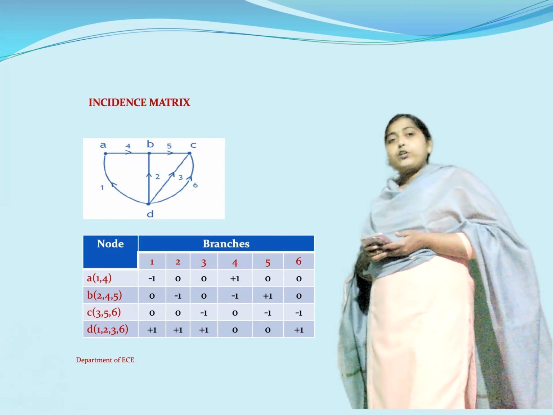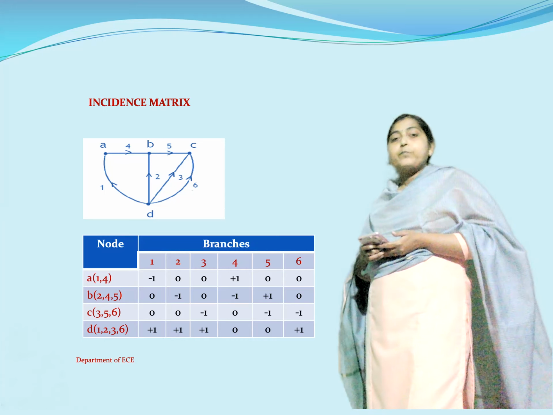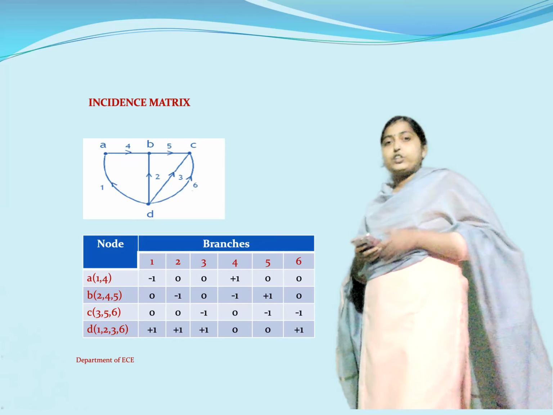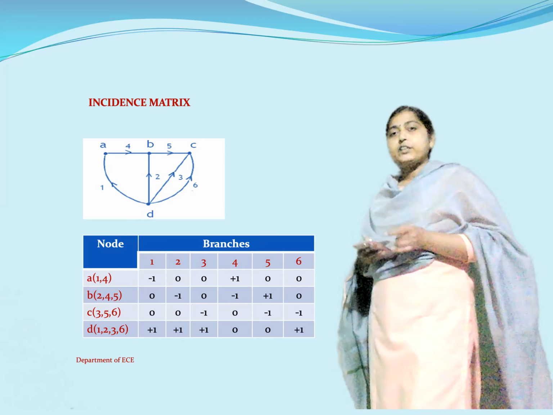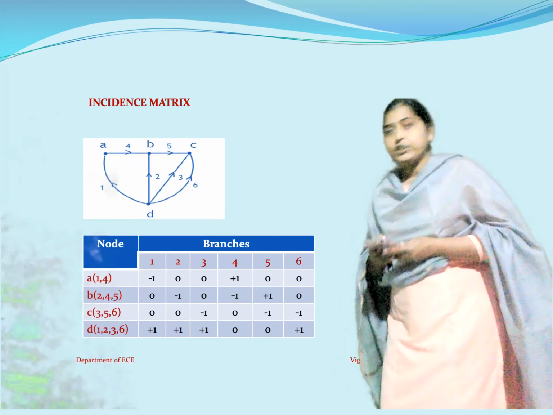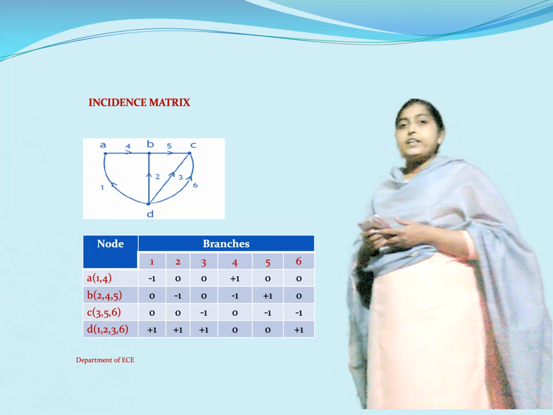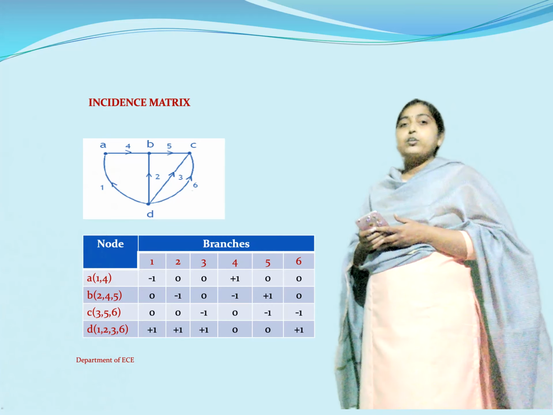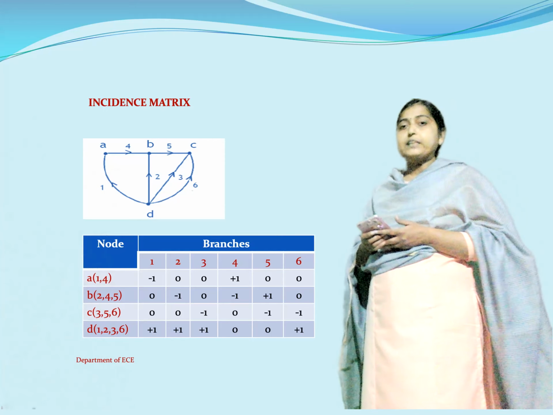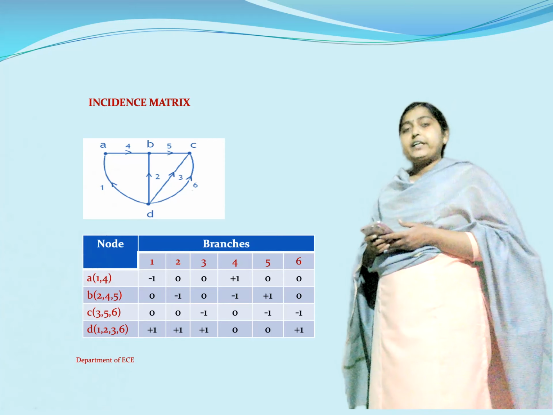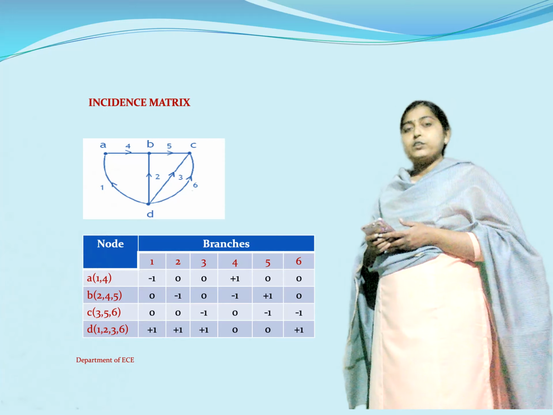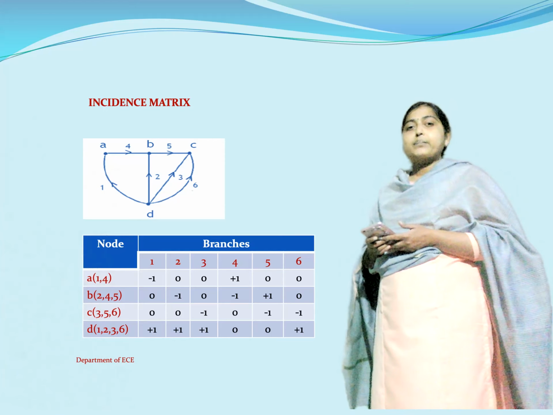Now in order to fill this incidence matrix with the branches which are associated with that node, you have to follow the sign convention. What is the sign convention that we have? If the current is entering towards the node, please listen carefully, then we write it as -1.